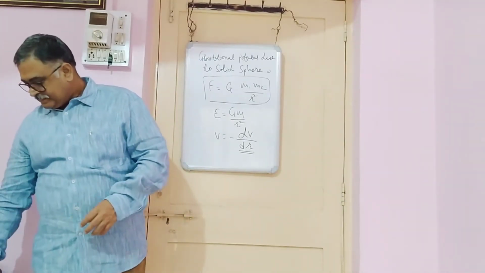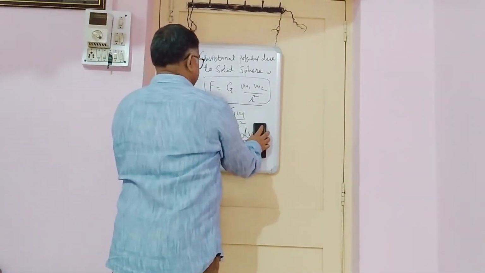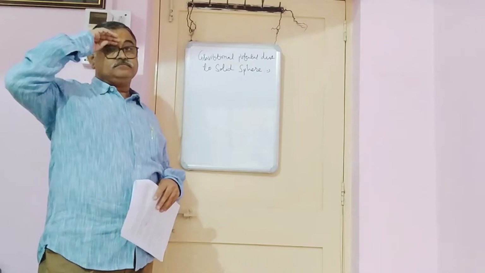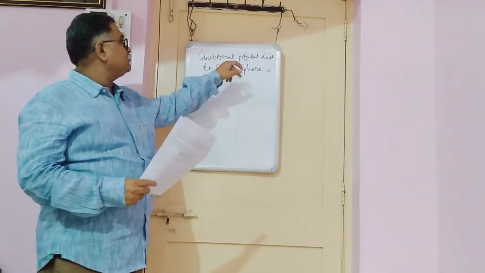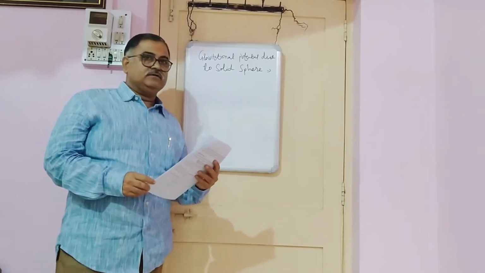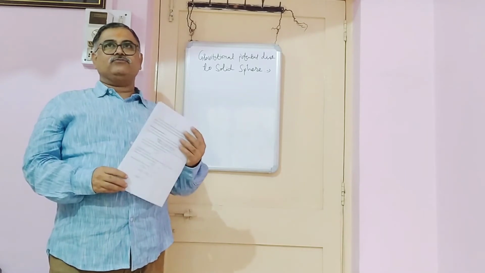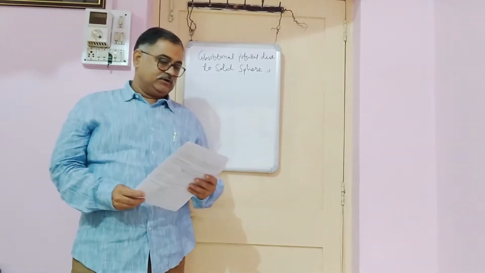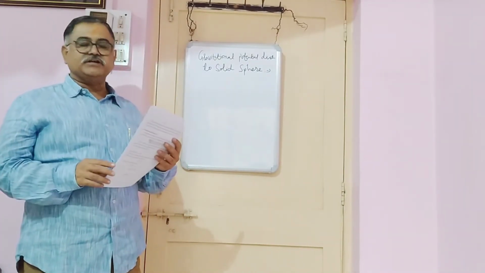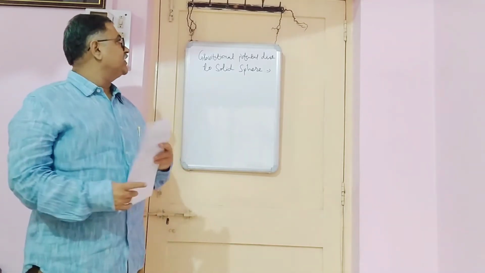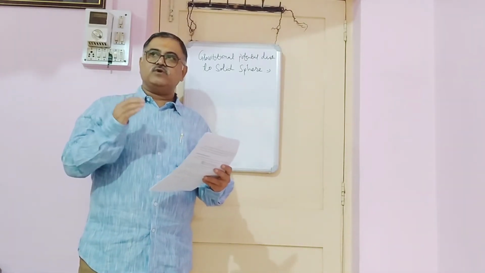Now for finding the gravitational potential due to a solid sphere, again here we have to go through three conditions, or we have to find out the gravitational potential for three conditions. Those conditions we will see one by one.